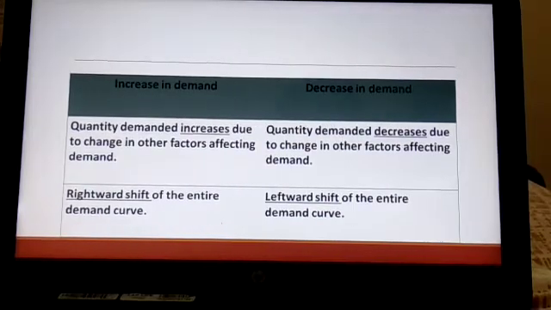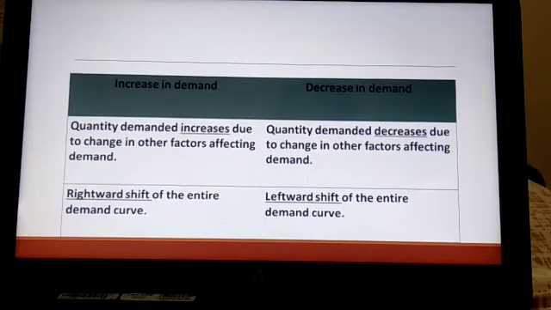Same way, for a normal good, when the income of the consumer increases, the demand will increase. This is not because of price but because of income of the consumer. Same way, if for a normal good the consumer income decreases, the demand will decrease, and that will be the case of decrease in demand.